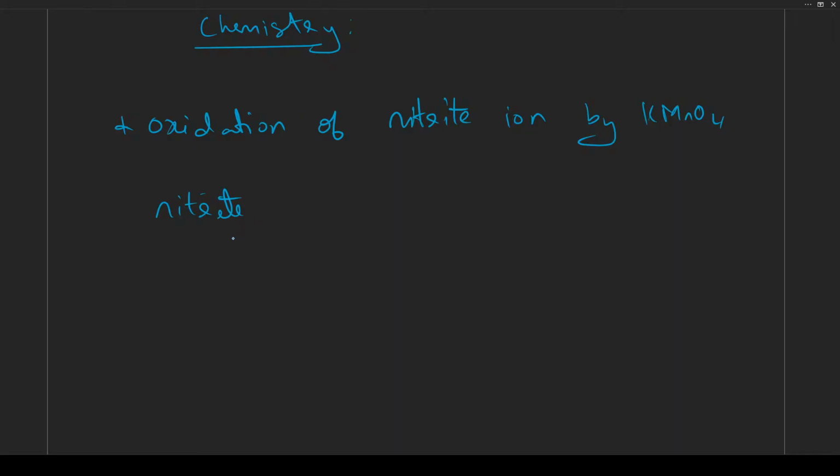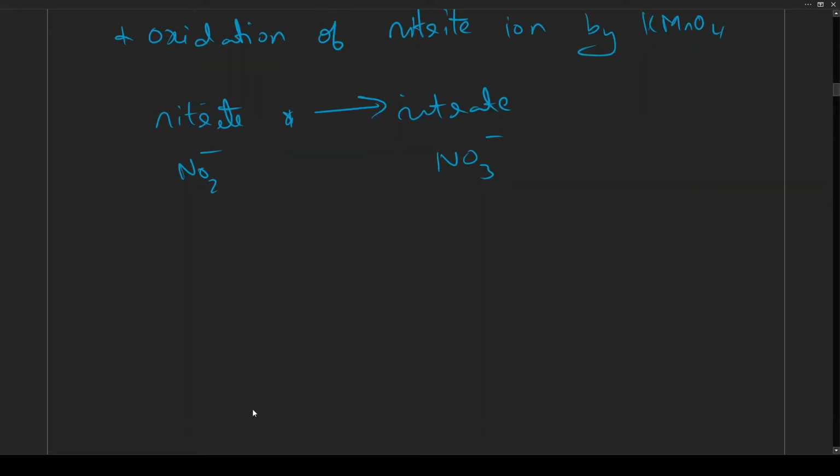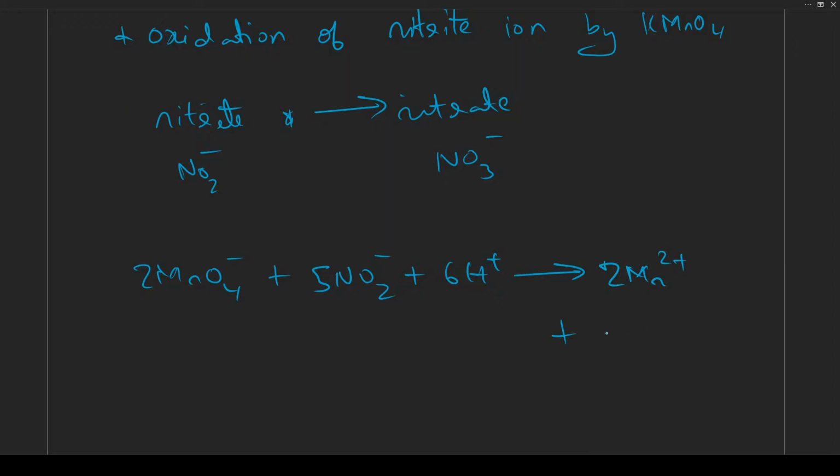Nitrite ion is oxidized to nitrate ion, where nitrite is NO2 minus, nitrate is NO3 minus. The reaction is 2MnO4 minus plus 5NO2 minus plus 6H plus gives 2Mn2 plus plus 5NO3 minus plus 3H2O.